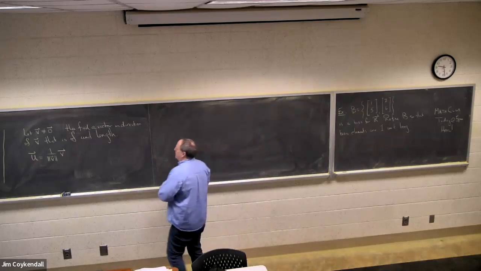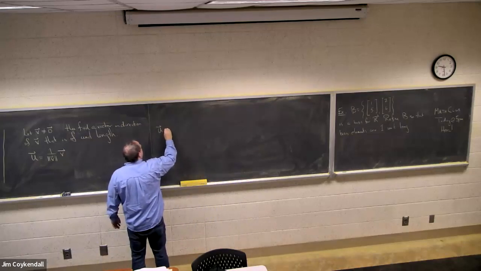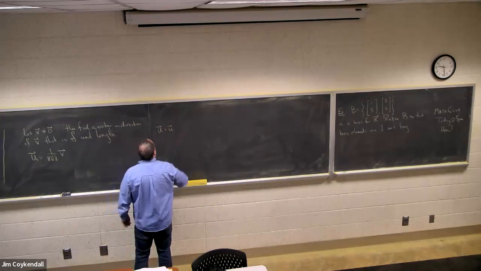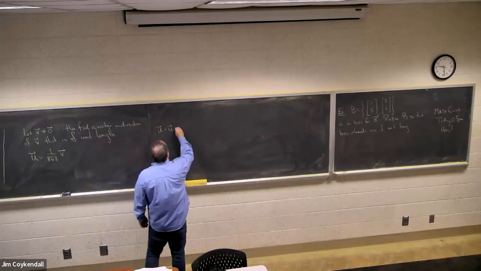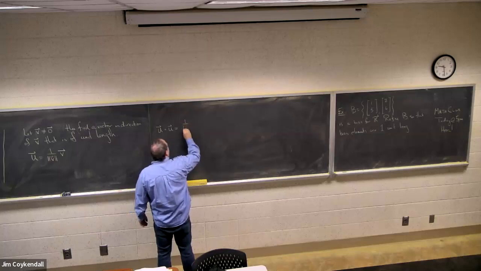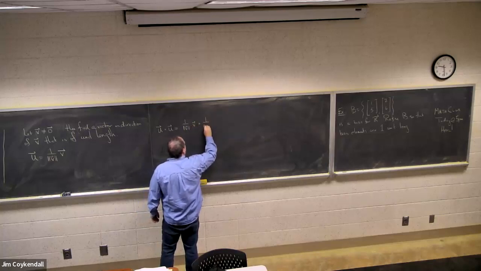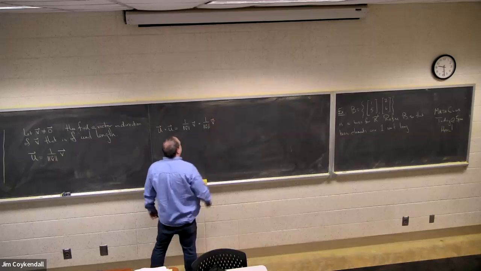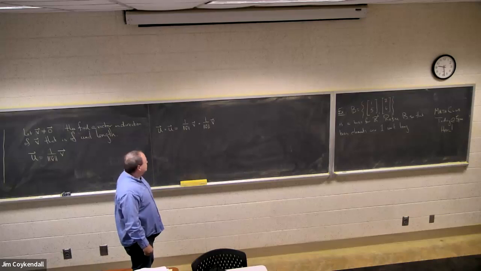Well, let's look at U dot U. This is 1 over the length of V, dotted with the same, right, okay with that?